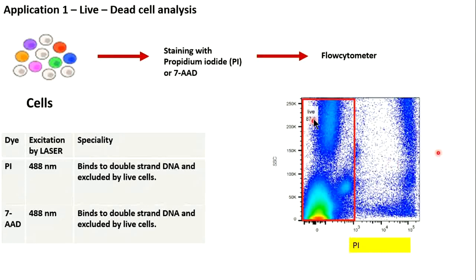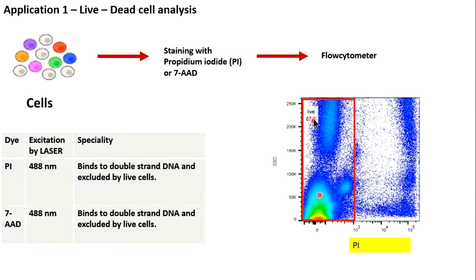So, a cell giving you the signal of PI means that the cell is dead, because PI has entered and bound to the DNA. If a cell is not giving you the fluorescence of PI, it means the cell is a live cell.